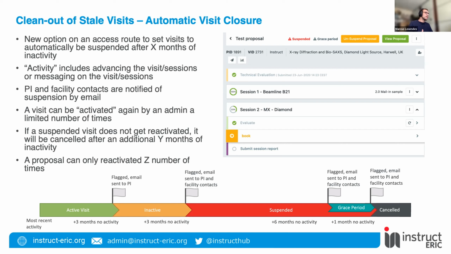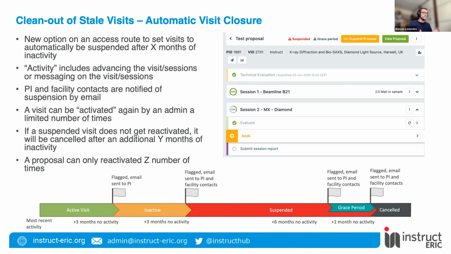But essentially the way this works is we now have these stages that a visit can go through, where if there's been no activity on them, they will get flagged for being inactive, essentially, or get suspended. So on your access route level, you get the ability to set how long it takes for these things to happen.